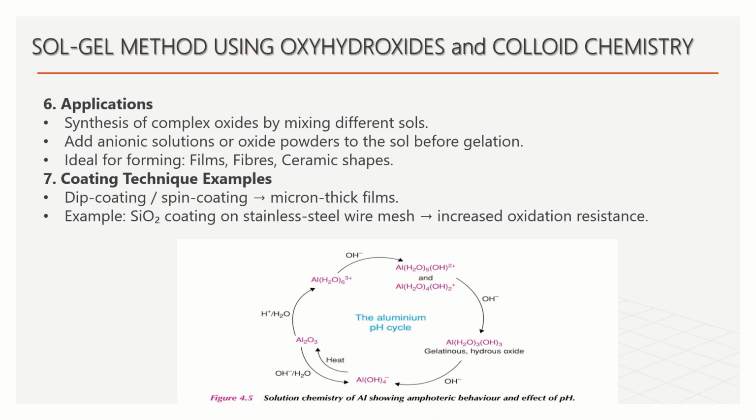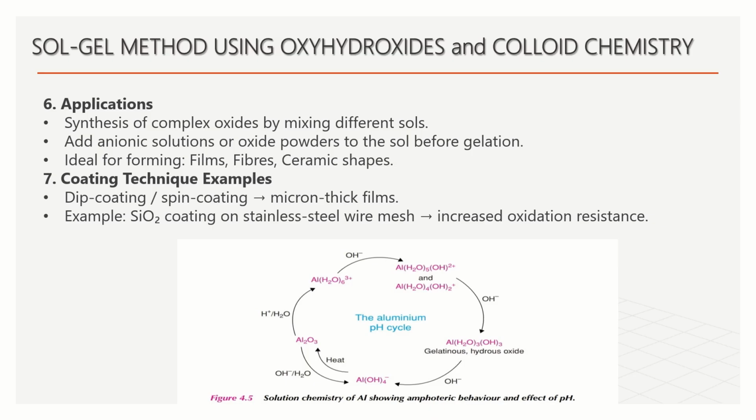Aluminium is not the only element that behaves this way. Many elements with intermediate electronegativity show complex aqueous chemistries. For example, zinc behaves almost exactly like aluminium, which is amphoteric in nature, and it forms a cation, a colloid and then an anion on changing pH. Silicon forms many complex silicate ions, boron forms borates, and phosphorus forms phosphates.